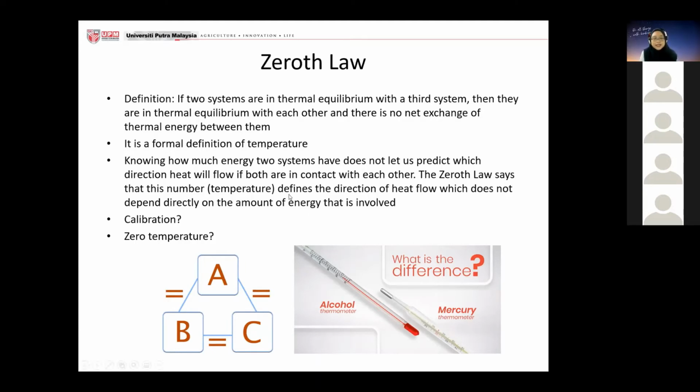In this case, why this is very important is because a thermometer doesn't really measure temperature. If you look at A and B, A is the body, B is the thermometer. If A and B are in equilibrium, so they're at the same temperature, I hope you can still follow me here, there's no heat exchange, remember?